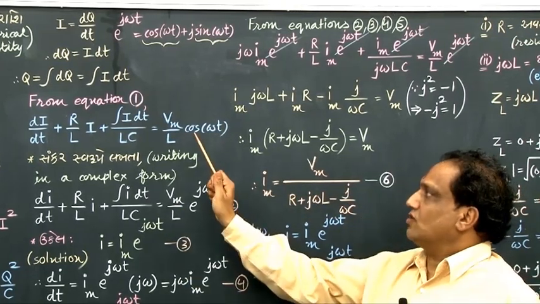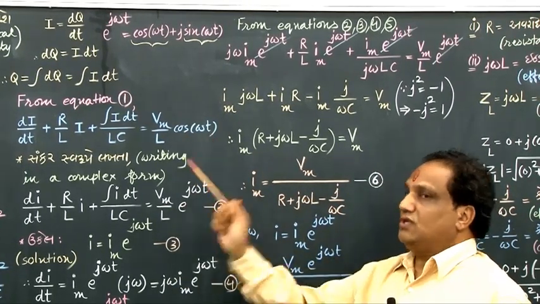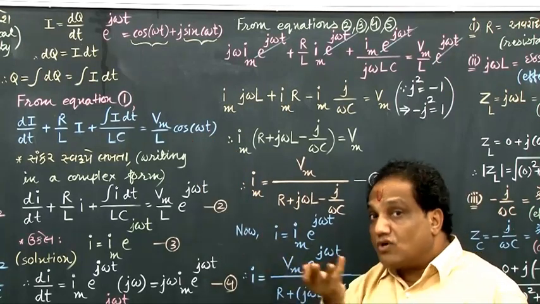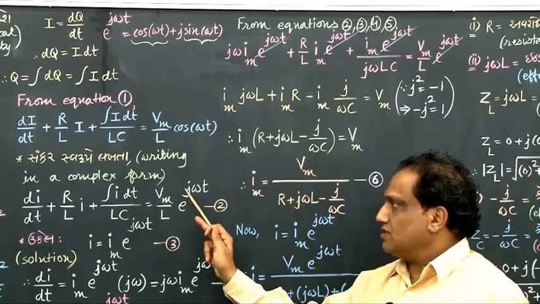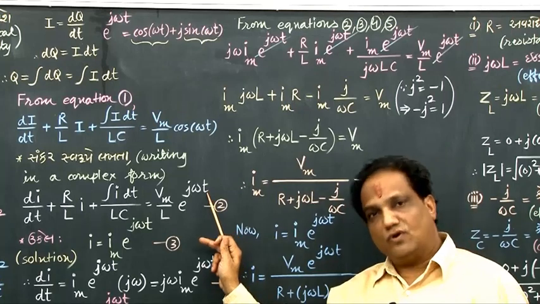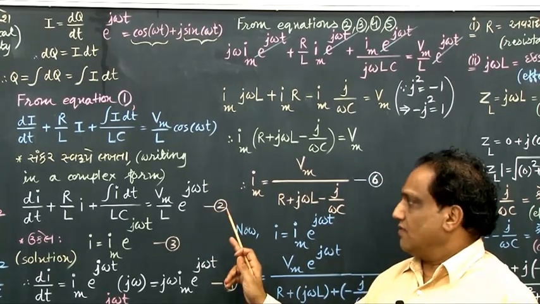That's why in place of cos of omega t, you write e raised to j omega t. Got it? Fine. Give it equation number 2.